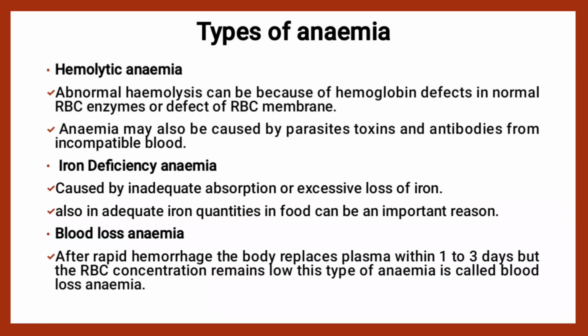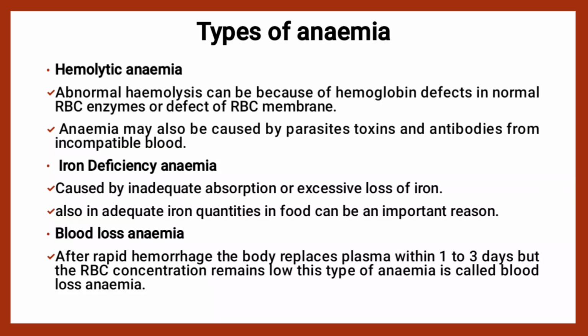Hemolytic anemia: abnormal hemolysis can be because of hemoglobin defects, defects in normal RBC enzymes or defects of the RBC membrane. Anemia may also be caused by parasites, toxins and antibodies from incompatible blood.